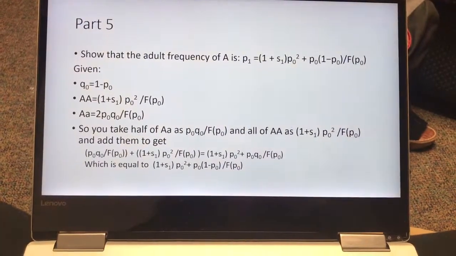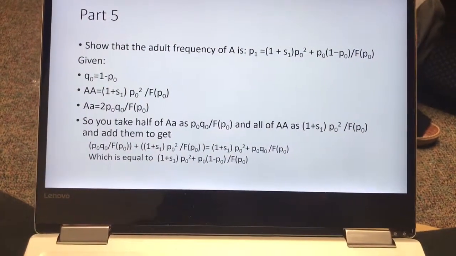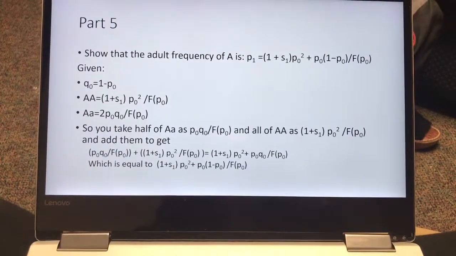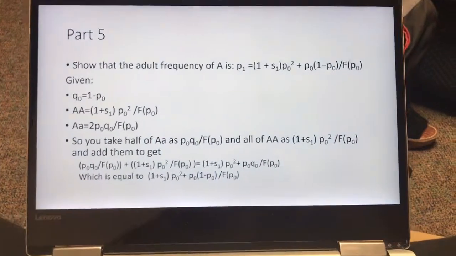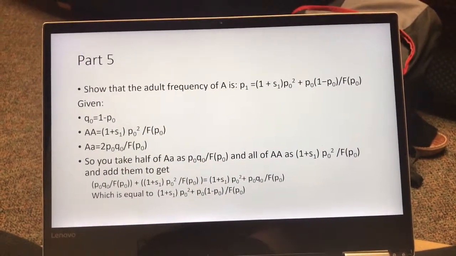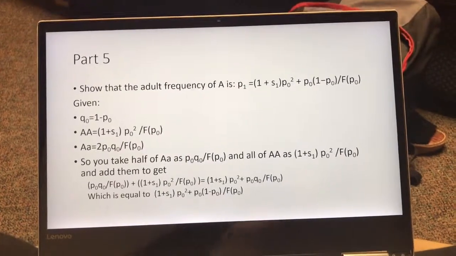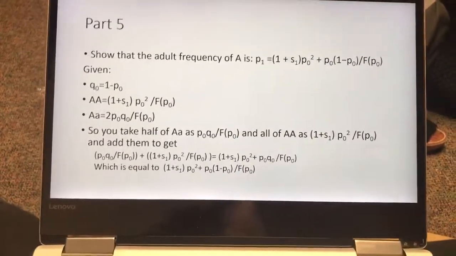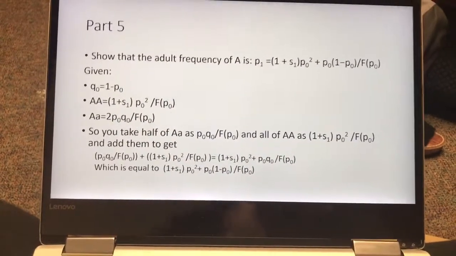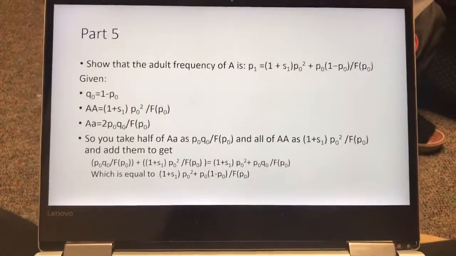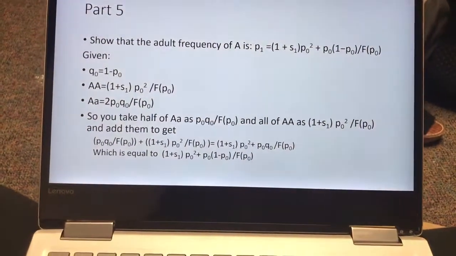First we have the given for the large A allele and for the large A small a allele. And so if we want to find the total frequency of the large A allele, we will use half of the large A small a allele and all of the large A allele. And so we will do that using half of the given large A small a allele formula.